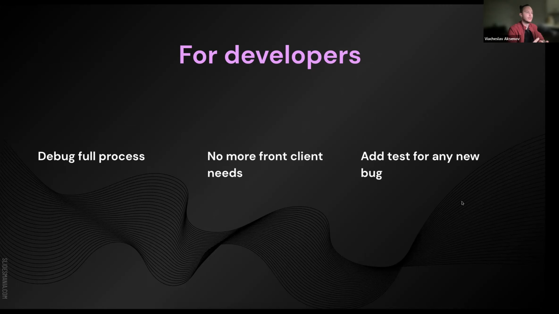Now we don't need to up a full-fledged client from front end and click on it with your hand. Now we can just pre-register the test steps and run the script and check the correctness of the data on any step. Also, we can play the entire script locally and catch any user bug.